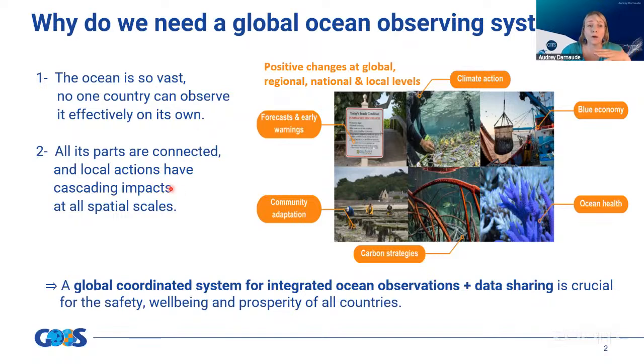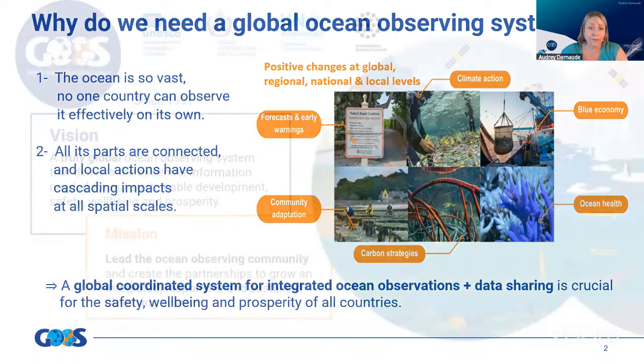And moreover, all its parts are interconnected by currents, gravity, or just the movement of species. And so local actions have cascading impacts at all spatial scales, through changes in both ocean physics and biodiversity, leading to changes in ocean services. And that is why a global coordinated system for integrated ocean observation and data sharing is crucial for the safety, well-being, and prosperity of all countries.